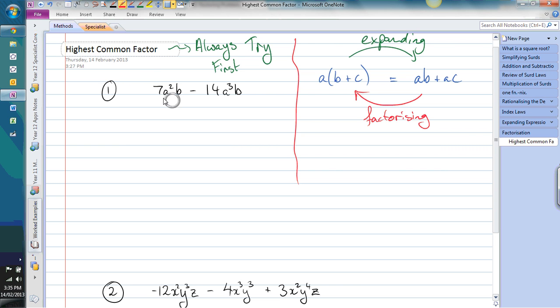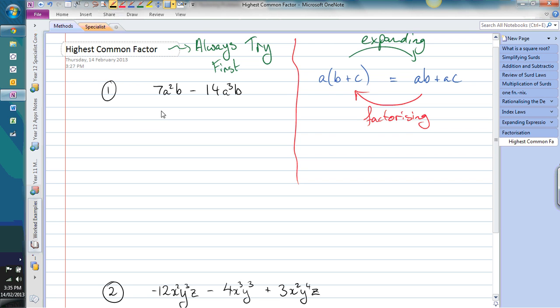So having a look at this first example we've got here, 7a squared b minus 14a cubed b, I'm looking for the highest common factor that I've got there. And the best way to find this is to look at the coefficients to start. I've got a 7 as the coefficient of the first term and a negative 14 as the coefficient of the second one.